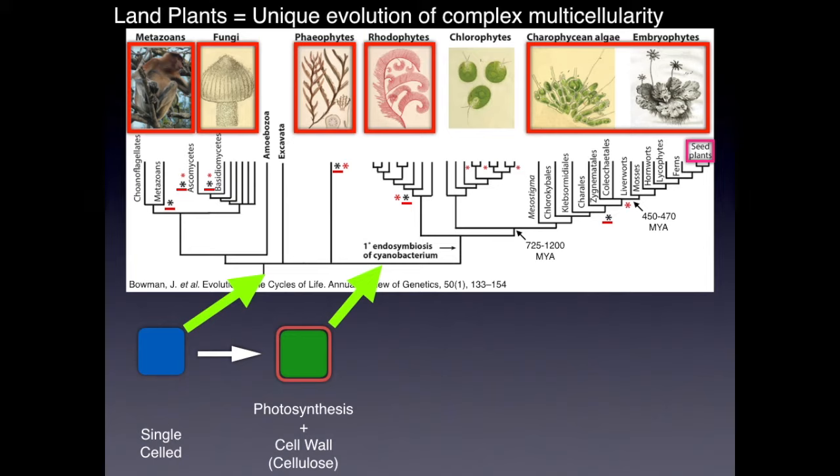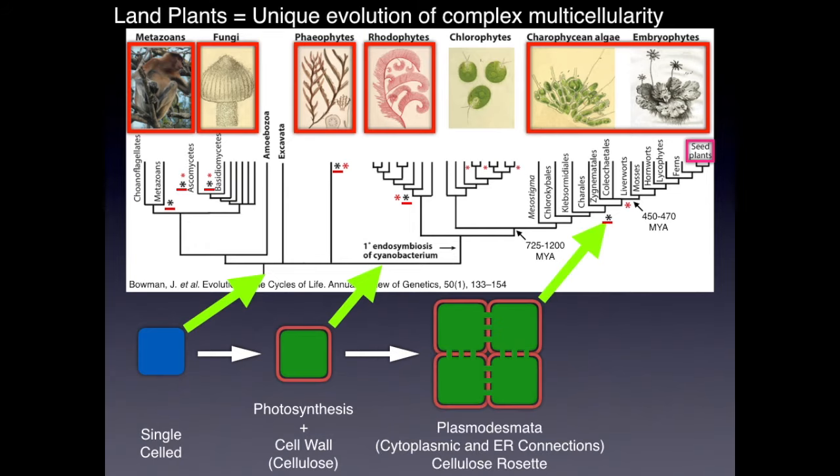Also coincident with this is the evolution of a cell wall. This is a polymer of sugars that surrounds these cells, and this acts as a physical constraint to cells and as a physical constraint to development. And then along this lineage here in the streptophytes, which include the charophyte algae and the embryophytes, you get the evolution of plasmodesmata.